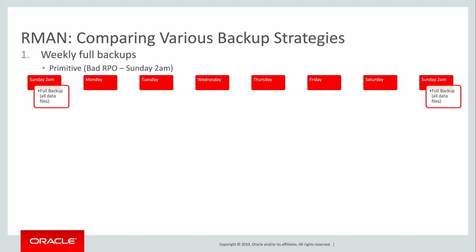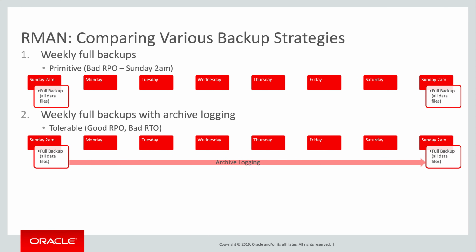In the event of a failure, the recovery point, RPO, would therefore be the previous Sunday at 2 a.m. Weekly full backups, combined with retained archive logs, enable point-in-time recovery to any time during the week. That's a far better RPO than is achieved with the weekly full backups alone.